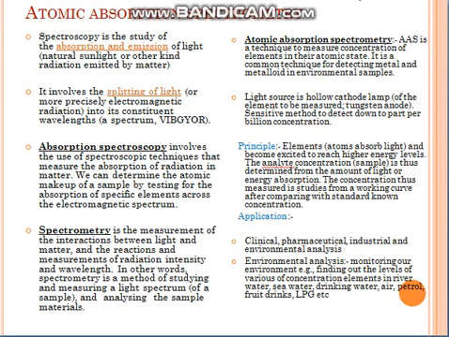Absorption spectroscopy involves the determination of atomic makeup of a sample by testing for the absorption of specific elements across the electromagnetic spectrum. And spectrometry is the interaction between light radiation and matter. So in spectrometry, whatever light any sample absorbs, that is measured.